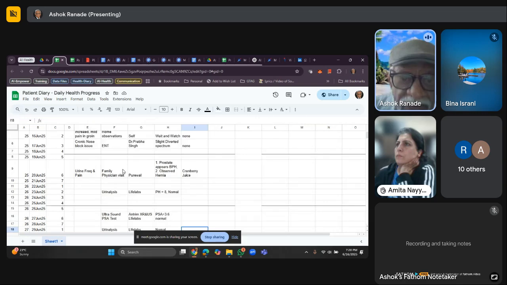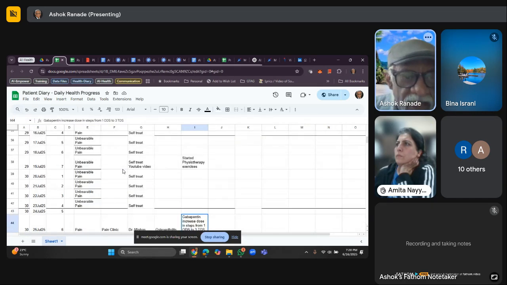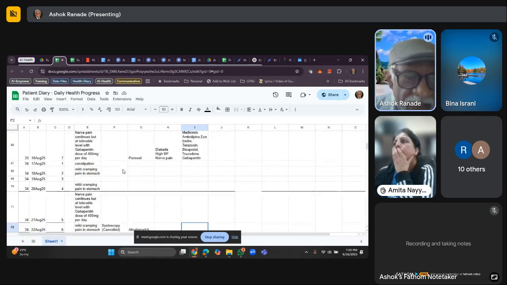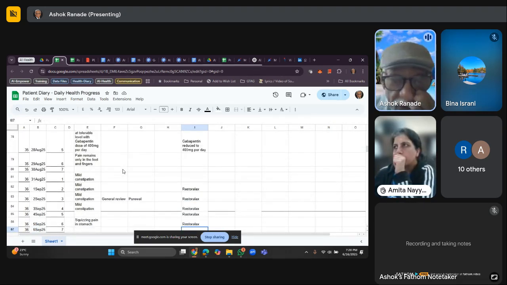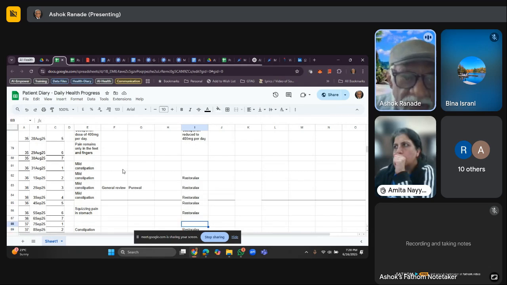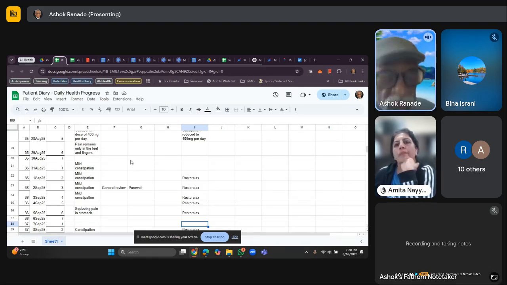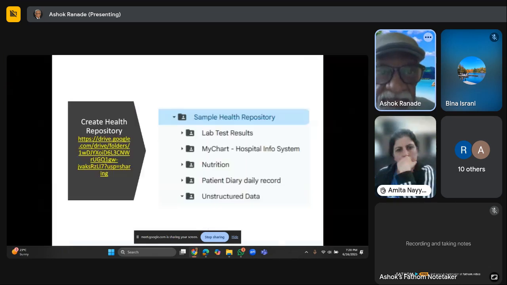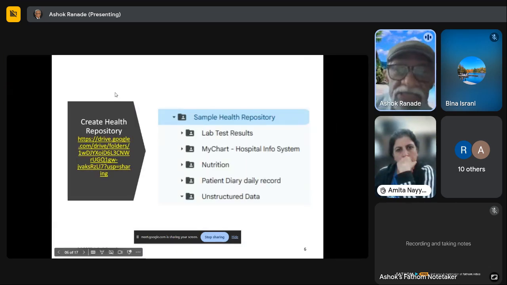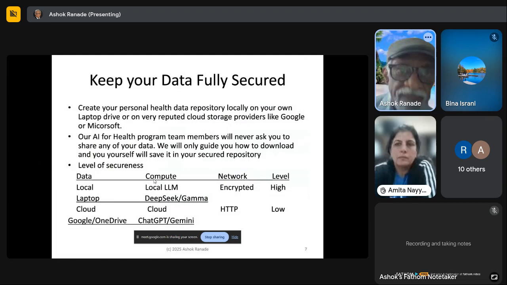For a complete 6 months I was maintaining it every day, updating it with the latest that was happening: what symptoms were observed, what the decision was, what treatment was given, what medication I've taken, etc. So this shows you how we can create additional information which is otherwise not available in our regular system. This is how you can create your complete data repository for health.